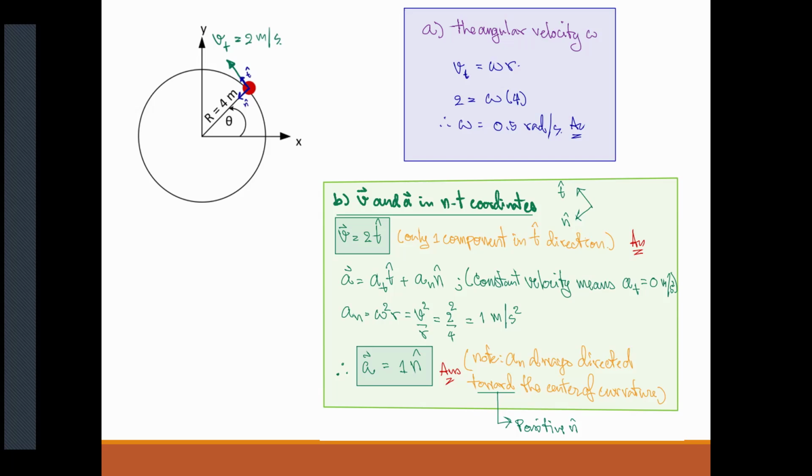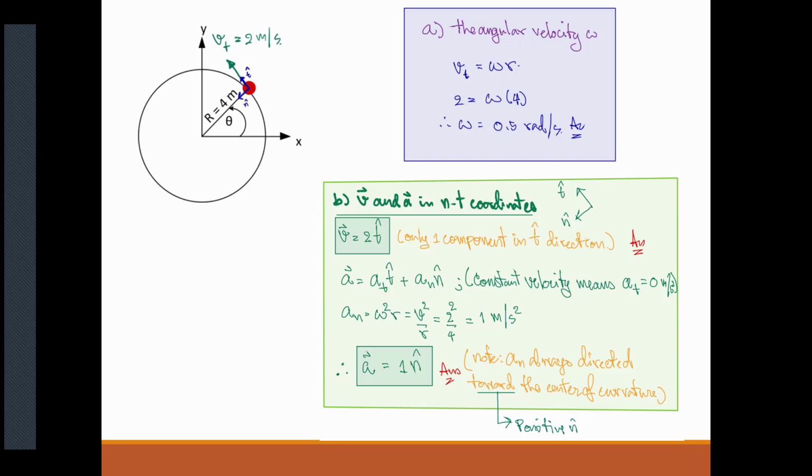For normal and tangential directions, the tangent direction always goes tangent to the path, and the positive direction is in the same direction as the motion of the particle at that instant.